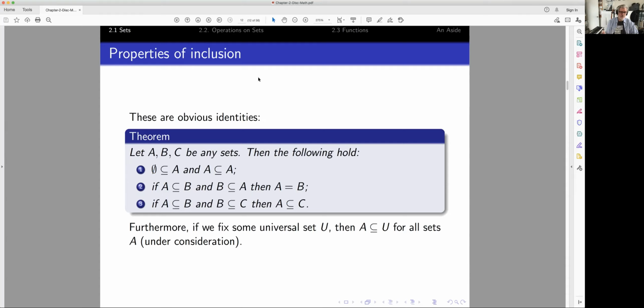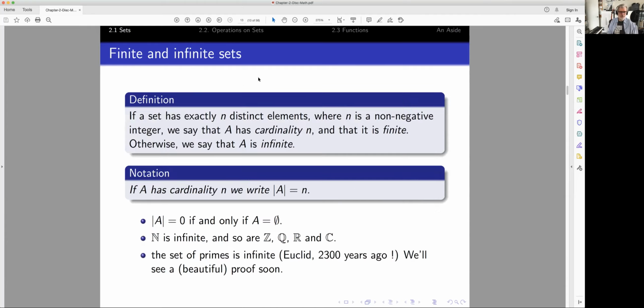If A is a subset of B and B is a subset of C, then A is a subset of C. Okay. And finally, I didn't put that in because the universal set is sort of annoying sometimes. But clearly, if you have a fixed universal set, then all the sets you're considering are a subset of this universal set, right? Okay. So basic properties.